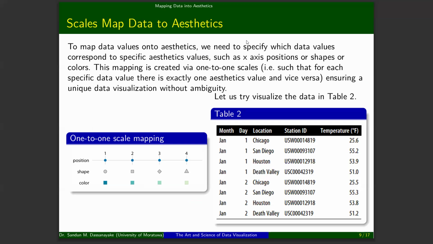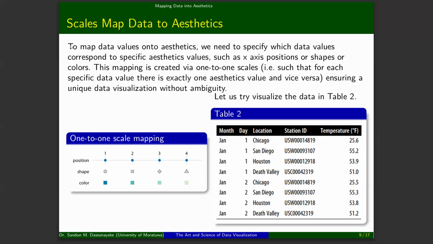The scales map data to aesthetics. So that's something that you have to keep on memorizing or trying to put into your system, that if you have a scale, then the scale maps values onto aesthetics. How does it happen?